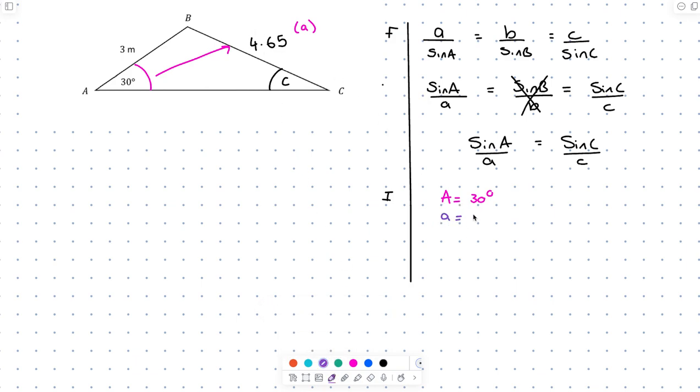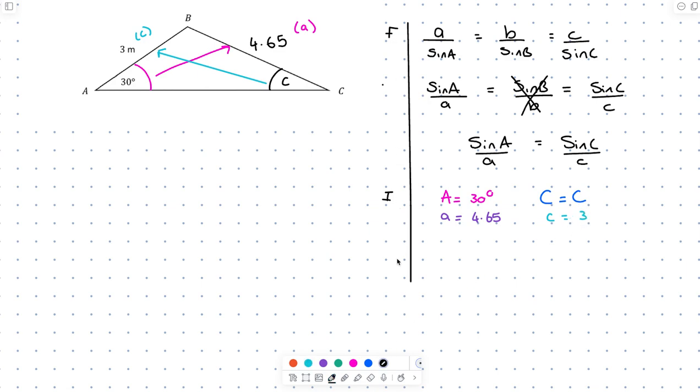So angles are always given capitals, and lowercase letters are the sides. Capital C is just capital C in this case. That's what we're working towards finding out. And then the lowercase c is always the side across from it. So lowercase c is 3.